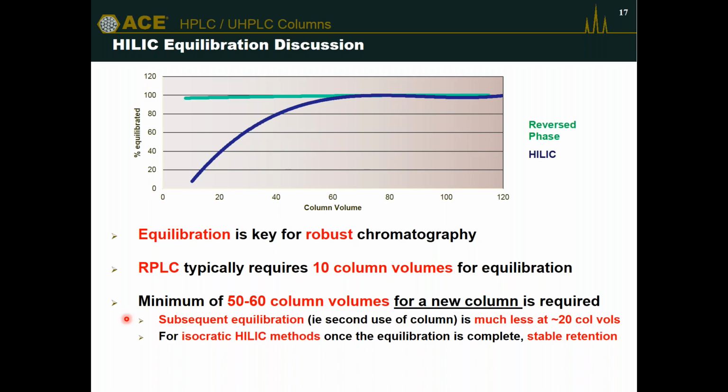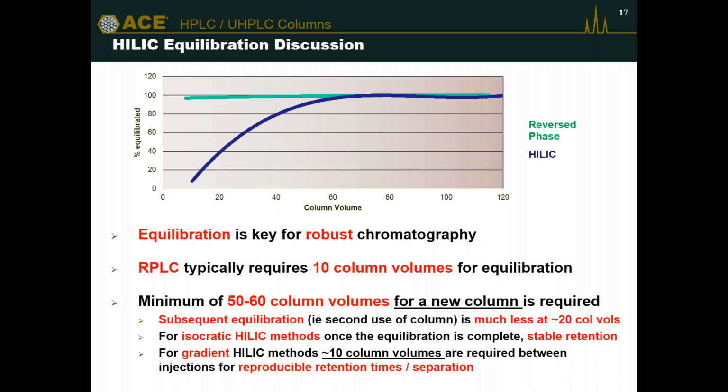Now, obviously for isocratic HILIC methods, once you're fully equilibrated, then you get stable retention times. There's no need to equilibrate between injections and so on. If you do gradient HILIC analysis, which I'll show you a little bit later, then you need to consider up to 10 column volumes between injections to get back to steady state.